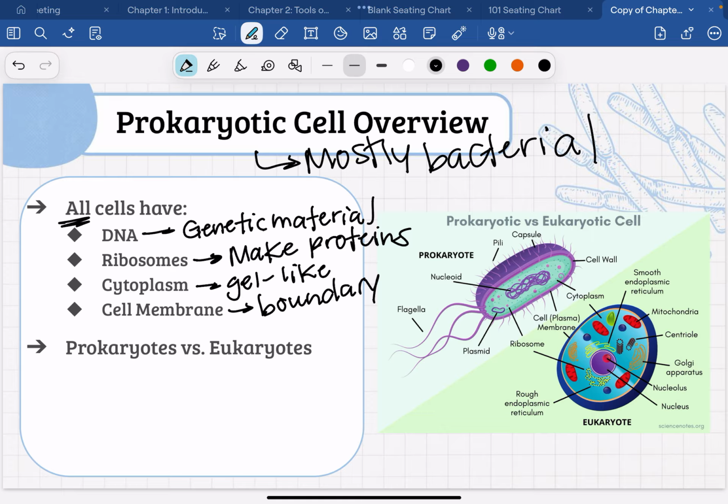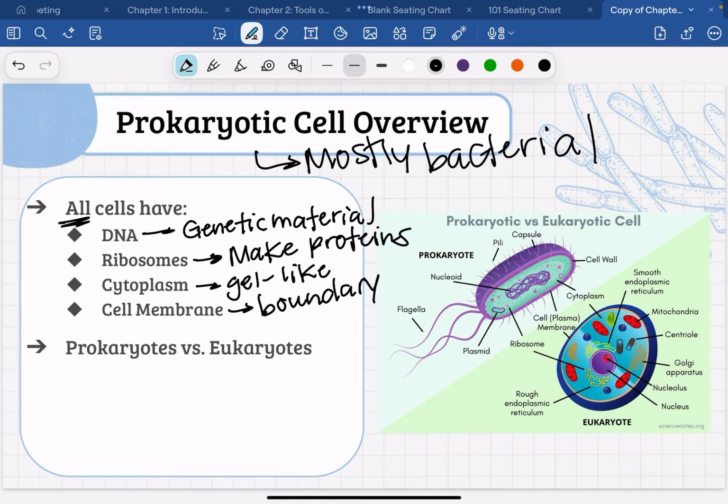All cells, anything that we call a cell, has to have those 4 things. But what we're going to spend the next couple of chapters talking about is what these cells have not in common, how they differ from each other. Okay? And so briefly I want to talk about now the big differences between prokaryotes and eukaryotes.